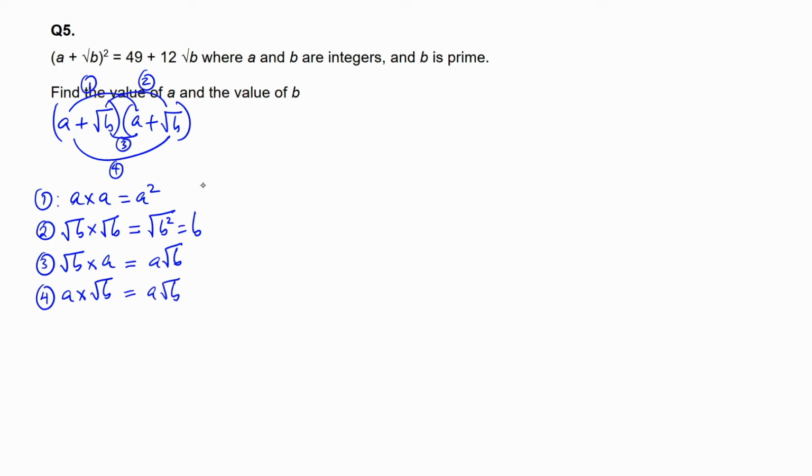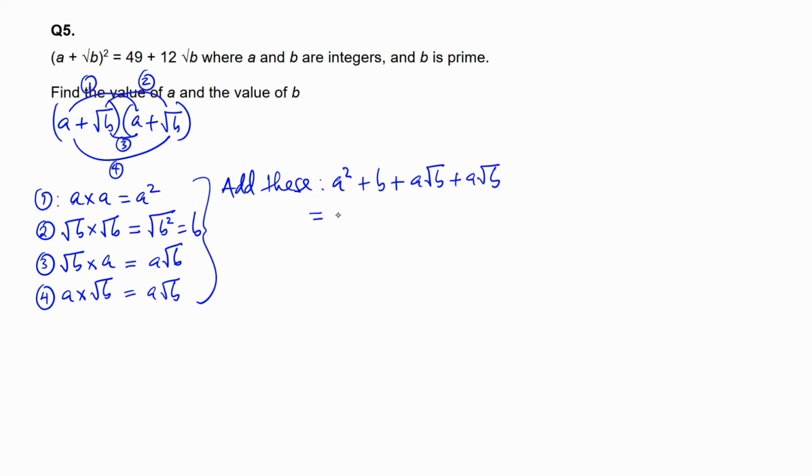Now at this point, what we can do is add this. If you add this, you'll have a squared plus b plus a square root of b plus a square root of b.